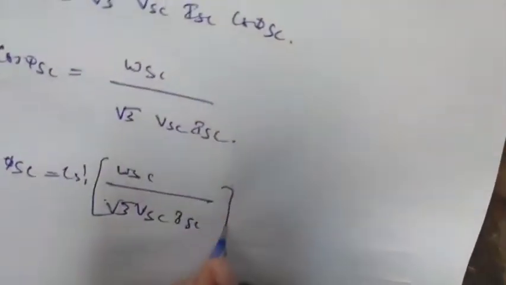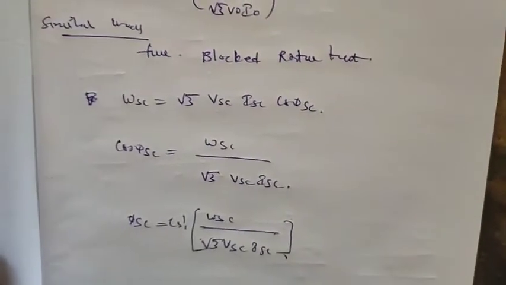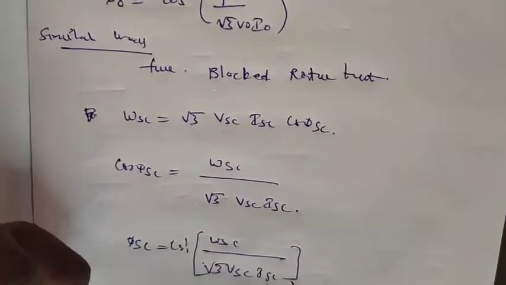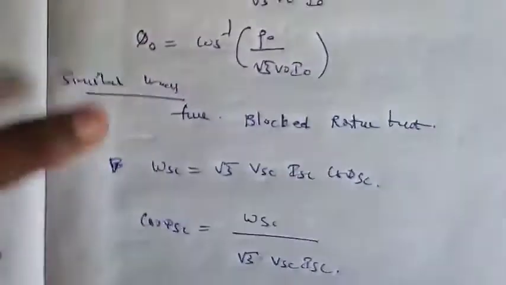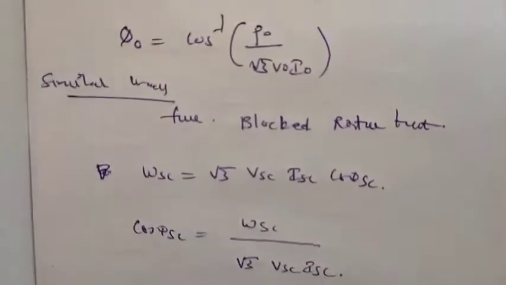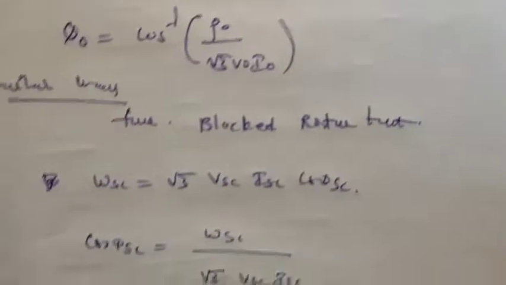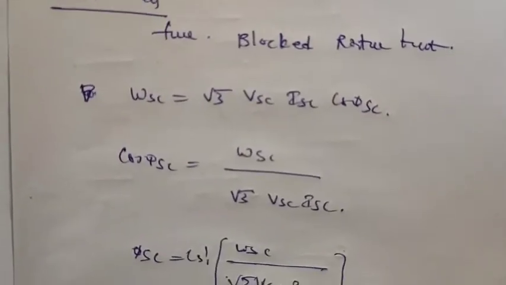These are required. So from the no load and blocked rotor tests we can calculate the angle phi 0 and angle phi SC. These are the two things needed to draw the circle diagram.